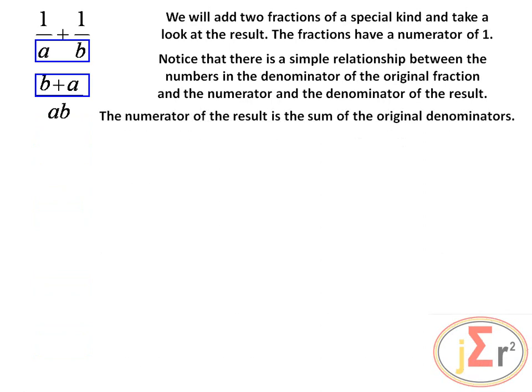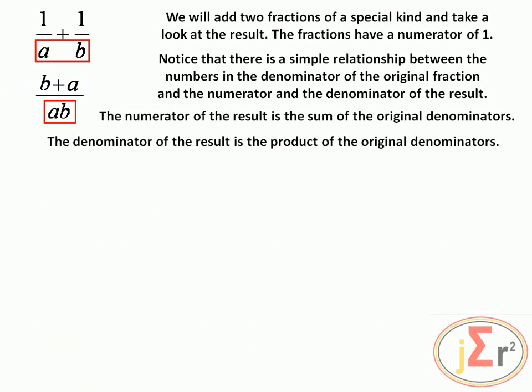The numerator of the result is the sum of the original denominators. So we have a plus b in the denominator, and we have a plus b in the numerator, which is the sum of these denominators.